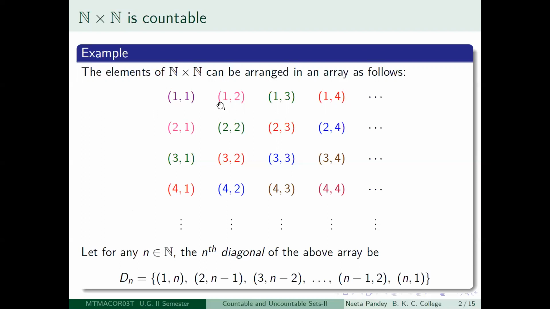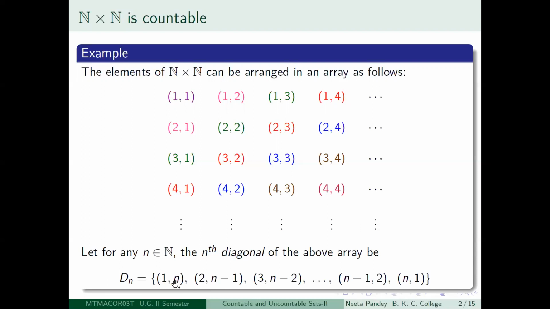Similarly, the second diagonal would consist of those elements where, when you add the first coordinate and second coordinate, you get 3. Notice that in general, Dn would be the set of all those elements of N cross N where the sum of the first coordinate and the second coordinate is n plus 1.